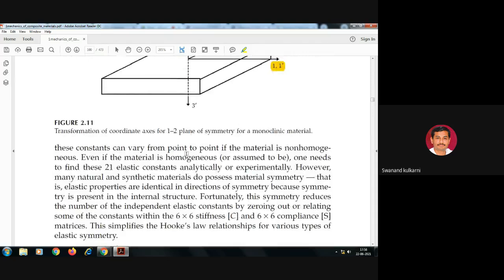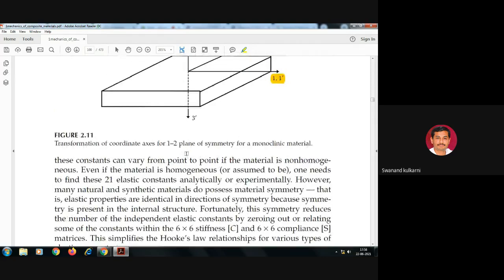Now these constants can vary from point to point if the material is non-homogeneous. Even if the material is homogeneous, one needs to find these 21 elastic constants. One more parameter is now added here.